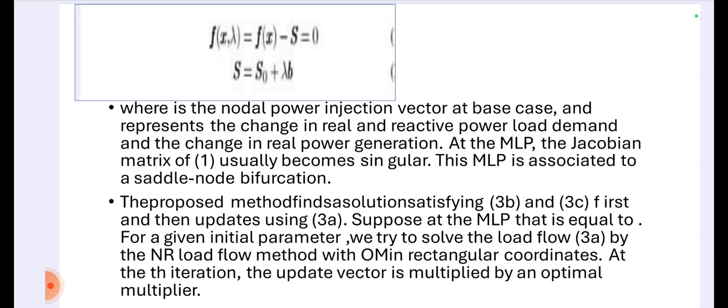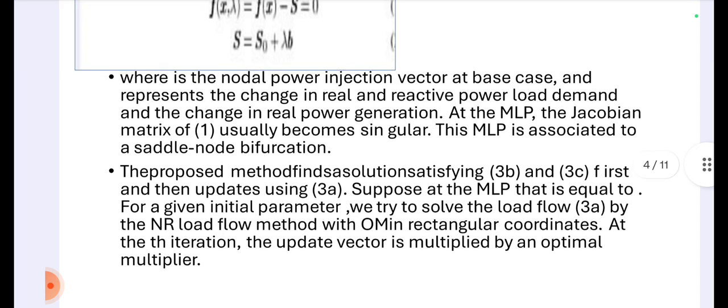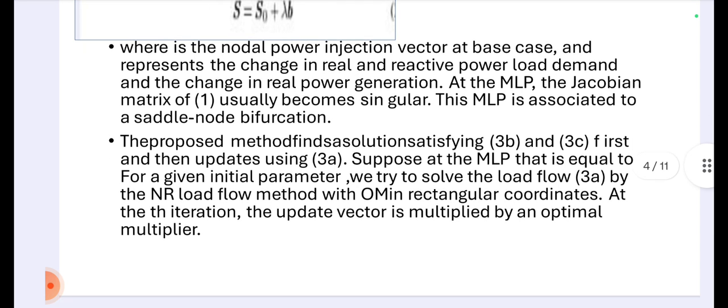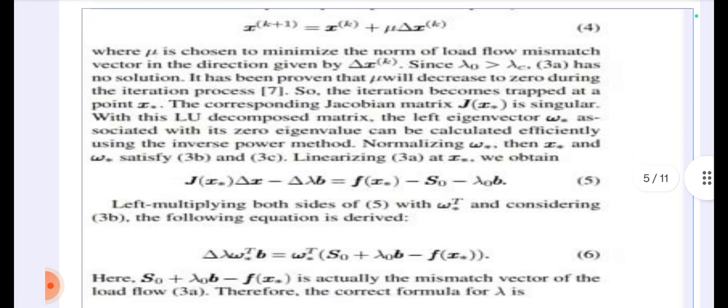At the kth iteration, the update vector is multiplied by an optimal multiplier. So x of k plus 1 equals x of k plus mu times delta x of k, where mu is chosen to minimize the norm of the load flow mismatch vector in the direction given by delta x of k.